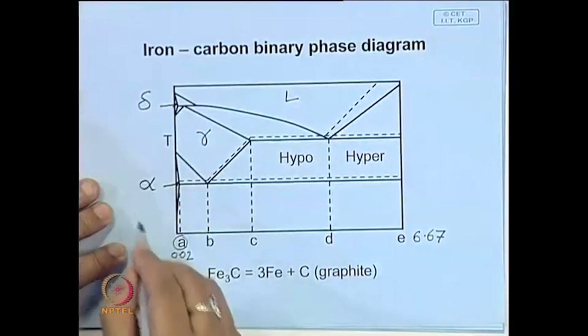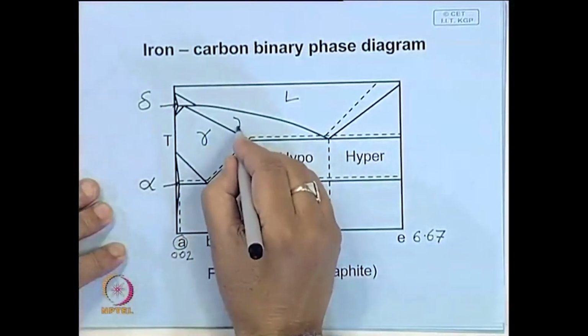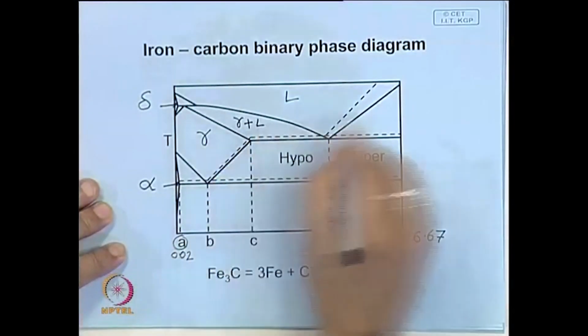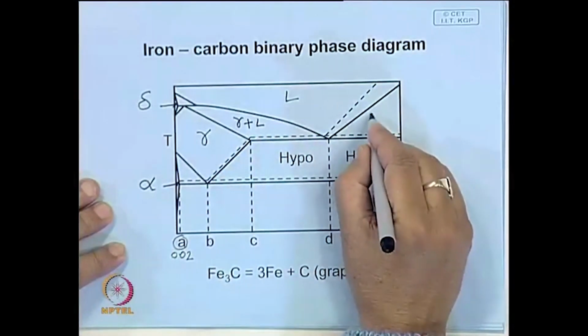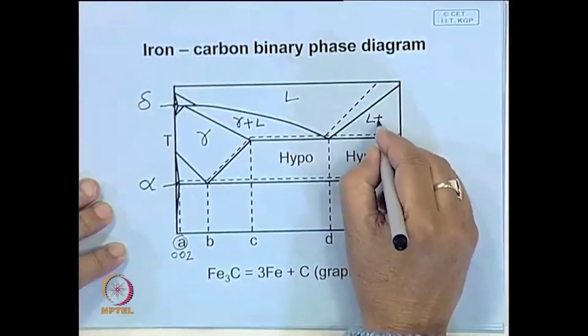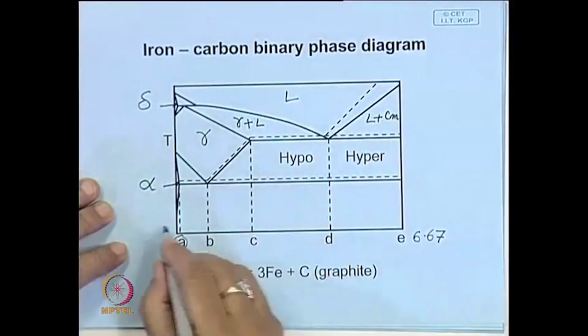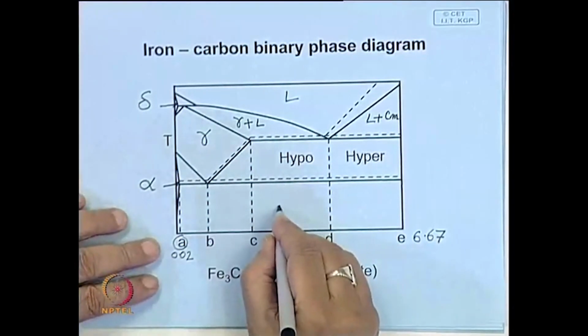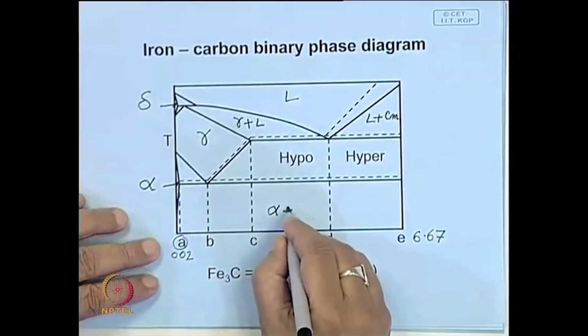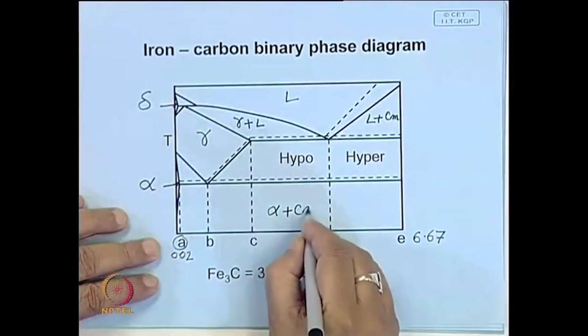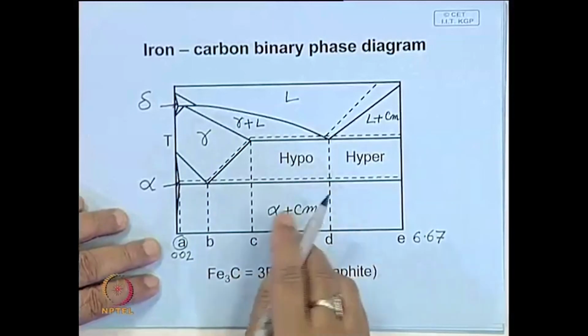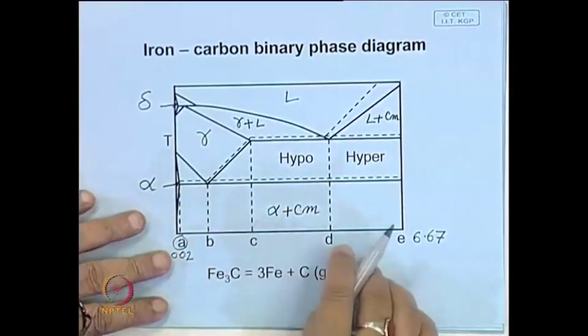This is the part where you have alpha, here gamma plus liquid, here liquid plus cementite, and here you will have two phases, primarily ferrite and cementite, but the way they are distributed, the structures are quite different.